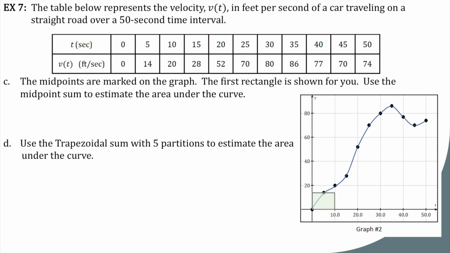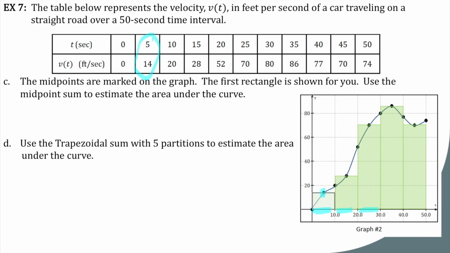Now we'll do a midpoint sum, which we haven't seen yet, but it's the same process. It's just that the rectangle hits smack in the middle of the top. So the first one hits at 14, and then 28. There's our midpoint rectangles. The base of each of the rectangles is still 10. The heights are just in the middle, and we can see what the heights are from the table up here.